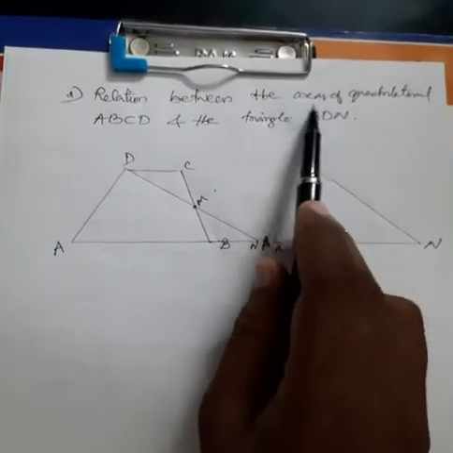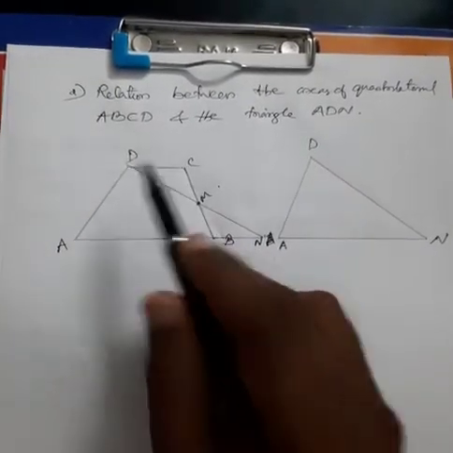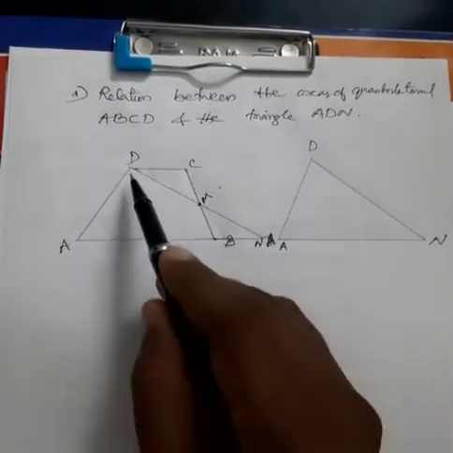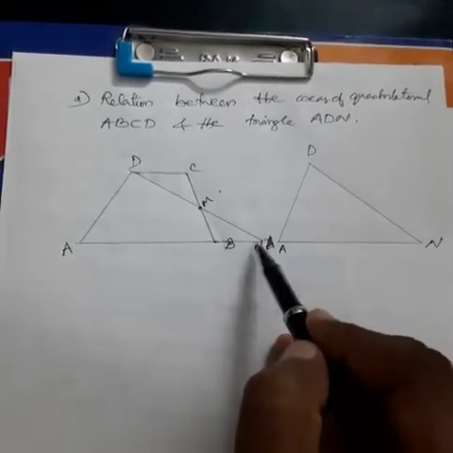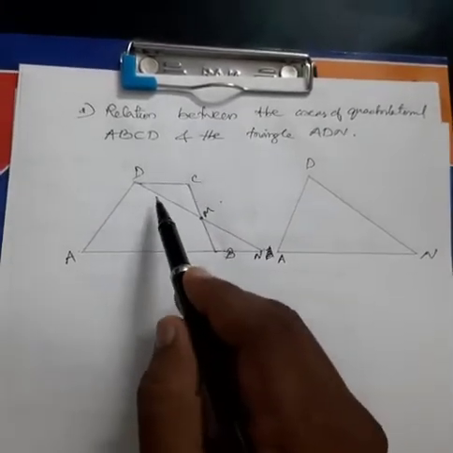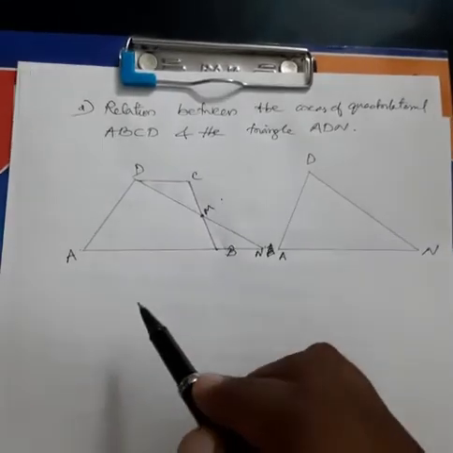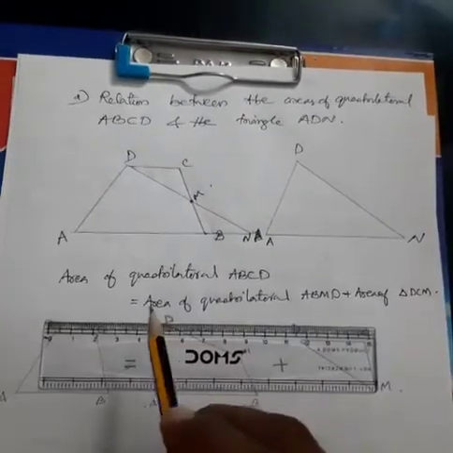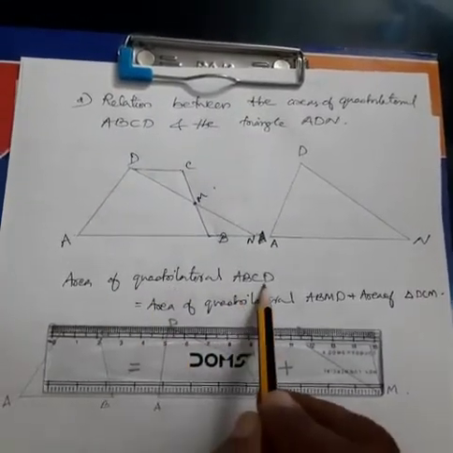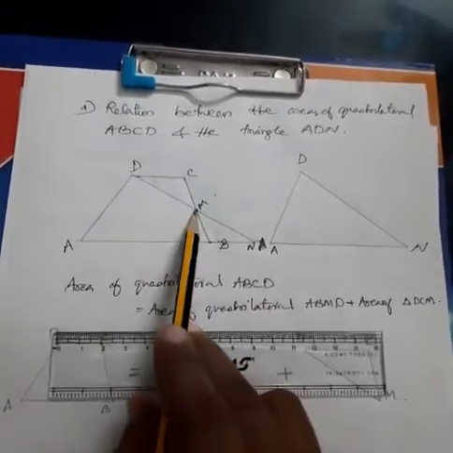Relation between the areas of quadrilateral ABCD and the triangle ADN, the whole triangle that is drawn here. So the relation between this quadrilateral and this bigger triangle. Area of quadrilateral ABCD is equal to ABCD. You have to find out the full area.